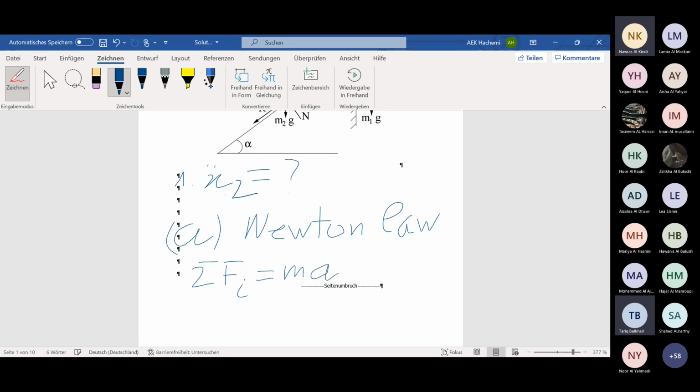The sum of the external forces must be equal to the mass multiplied by the acceleration.